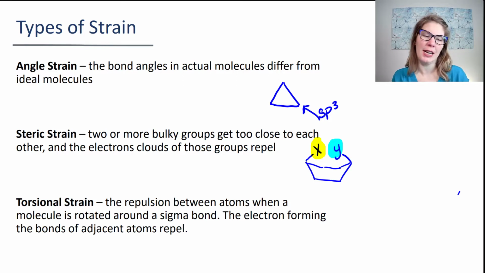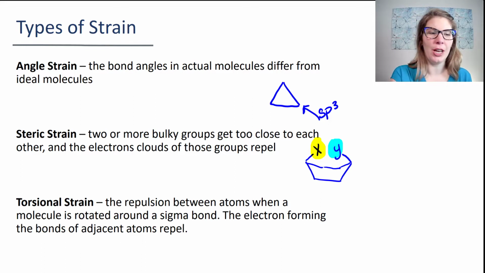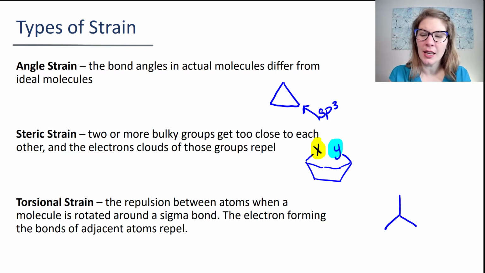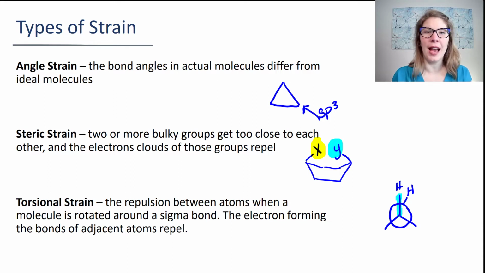Our last type of strain is called torsional strain. Torsional strain was something that we saw in Newman projections. When you're looking at Newman projections, part of the reason the eclipsed version of the Newman projection is so unstable in comparison to the staggered is because when you have your Newman projection, these electrons that make up that carbon-hydrogen bond and these electrons that make up that carbon-hydrogen bond, and I'll just finish drawing the Newman projection to be a good chemist.